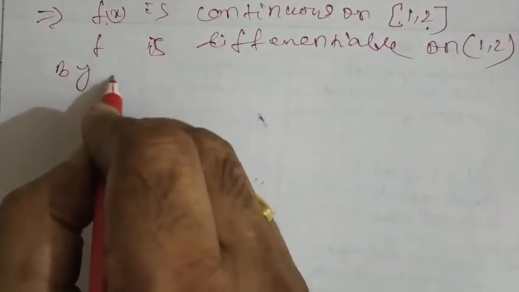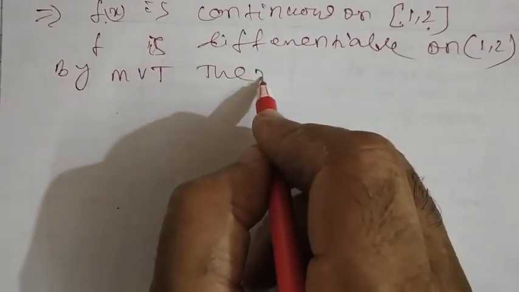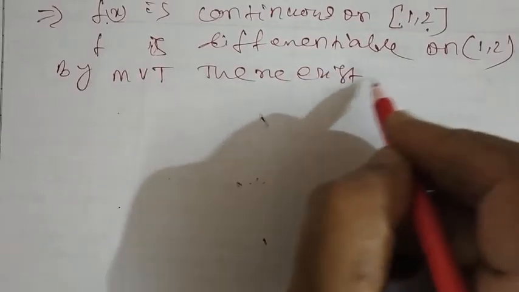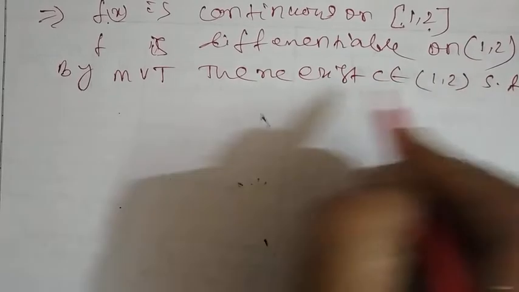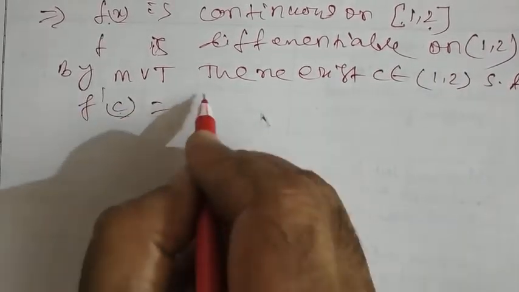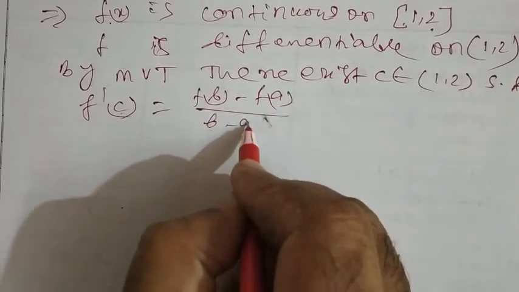By mean value theorem, there exists c belongs to (1, 2) such that f dash c equal to f(b) minus f(a) by b minus a.